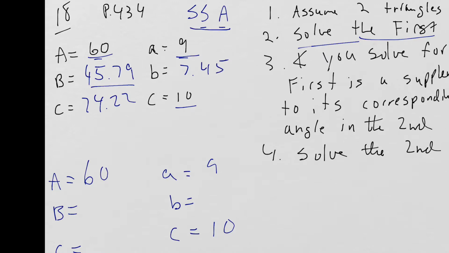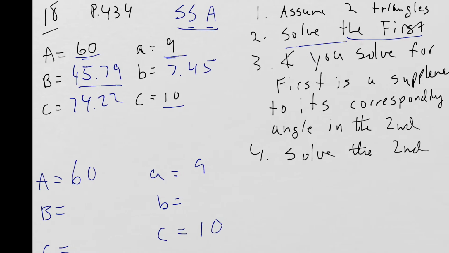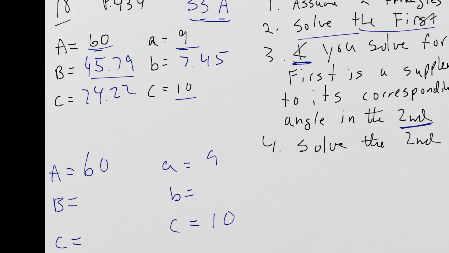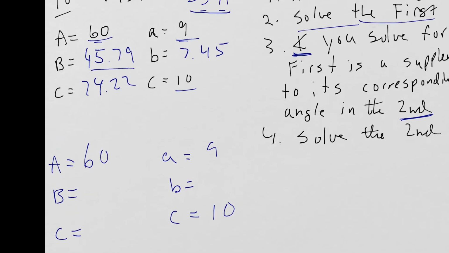Okay, now we get to step 3. The angle you solve for first is a supplement to its corresponding angle in the second triangle. So what does that mean? So which angle did we solve for first?